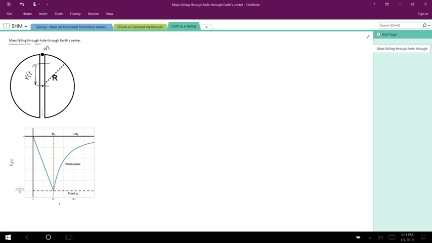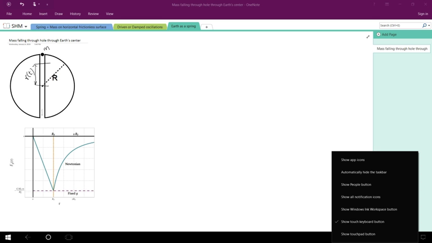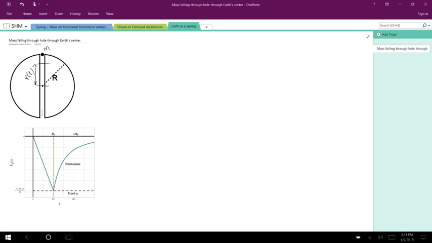In order to see that, we have to know something. We have to figure out how the Earth's gravitational field, or the force of gravity on this mass m, changes as this ball goes closer and closer to the center of the Earth. So here I have this variable r as a function of time.